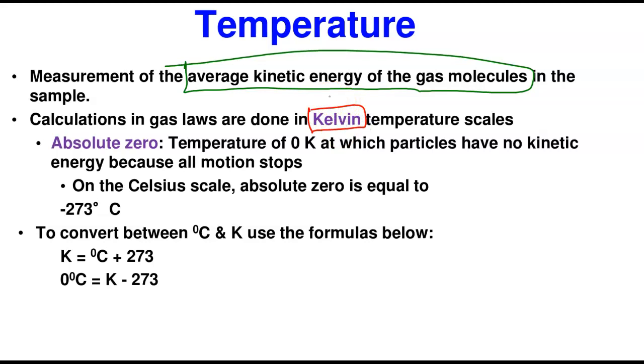If you do it in other units, you're going to lose a lot of points, and whatever you did will not be correct. There's a temperature we call the absolute. The absolute zero temperature is 0 Kelvin. At this temperature, it is believed that all molecules have no kinetic energy, and motion stops. No particle will have a kinetic energy or volume at this point.